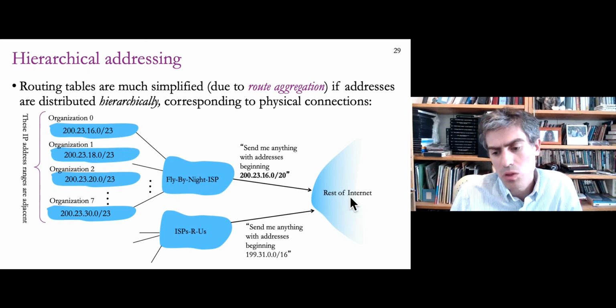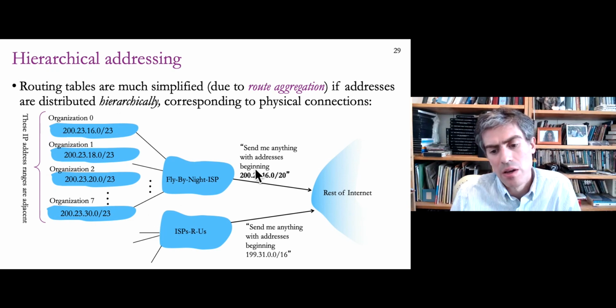So the rules that are needed in the core of the internet are simplified by this aggregation of addresses and the geographic or network topological co-location of these blocks of addresses.